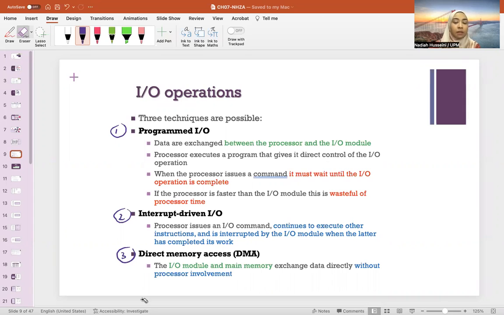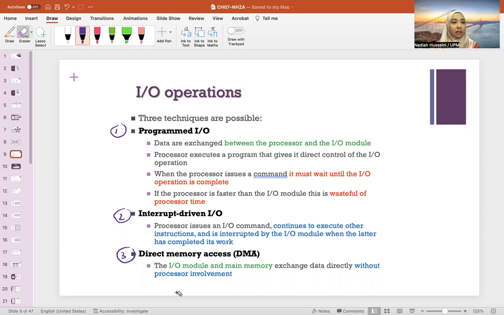the processor's time. So another alternative technique to interrupt-driven I/O is direct memory access, called DMA. The I/O module and the main memory exchange directly without the processor's involvement. Let's say the processor issues an I/O command. The I/O command directly triggers the DMA module, and the DMA module will execute whatever data transfer is necessary.